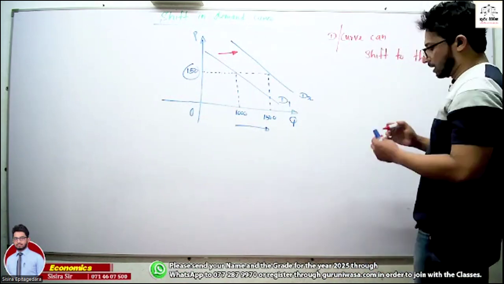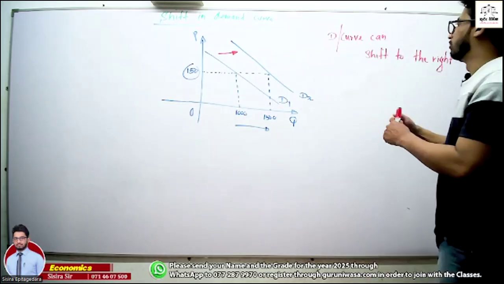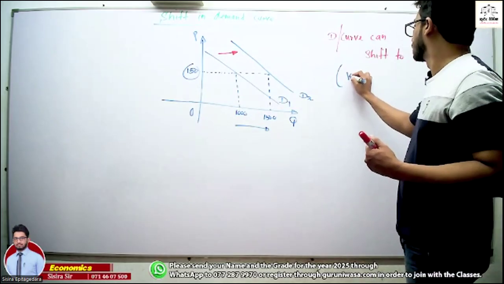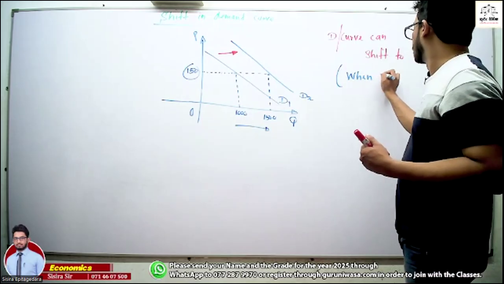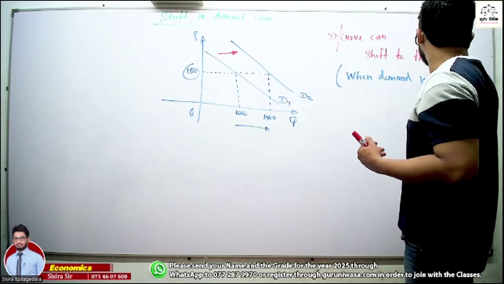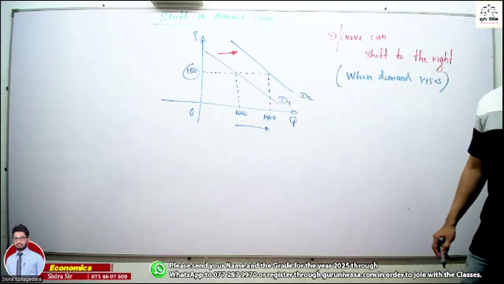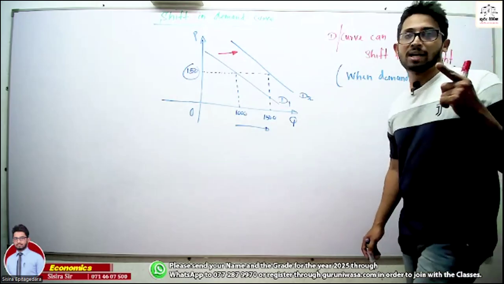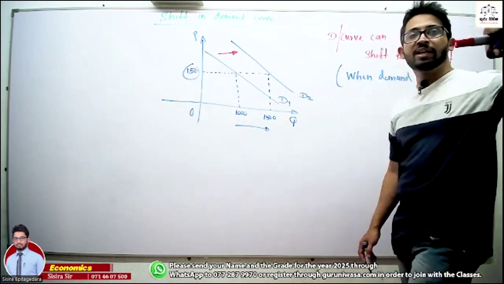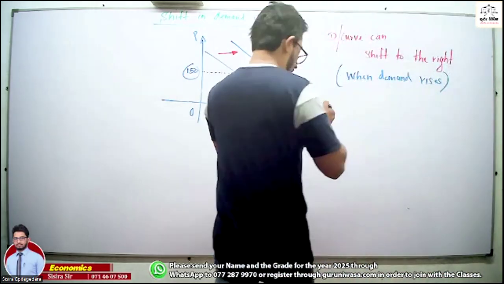Why does the demand curve shift to the right? When demand rises. Don't misunderstand: the previous one was a rise in quantity demanded, not demand. Here, it is demand.